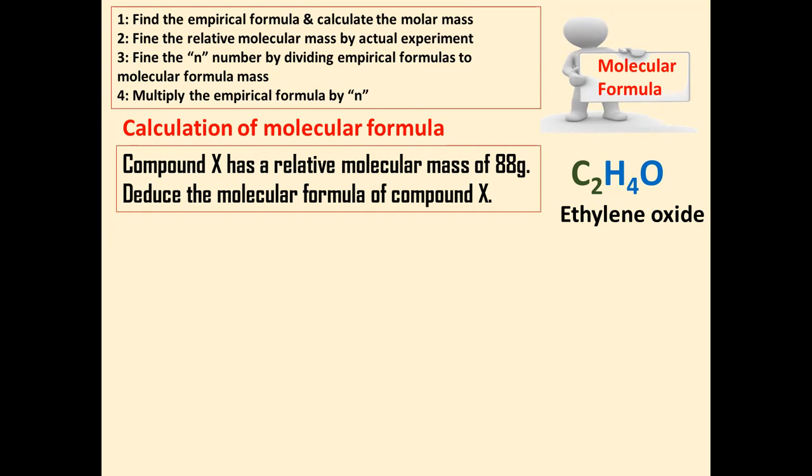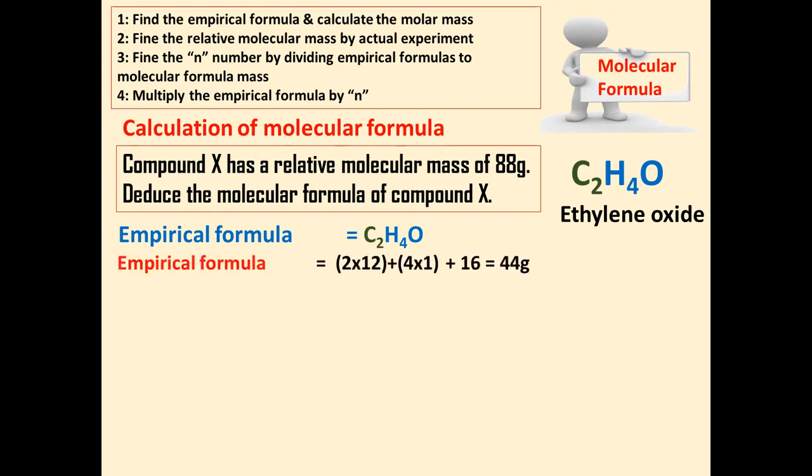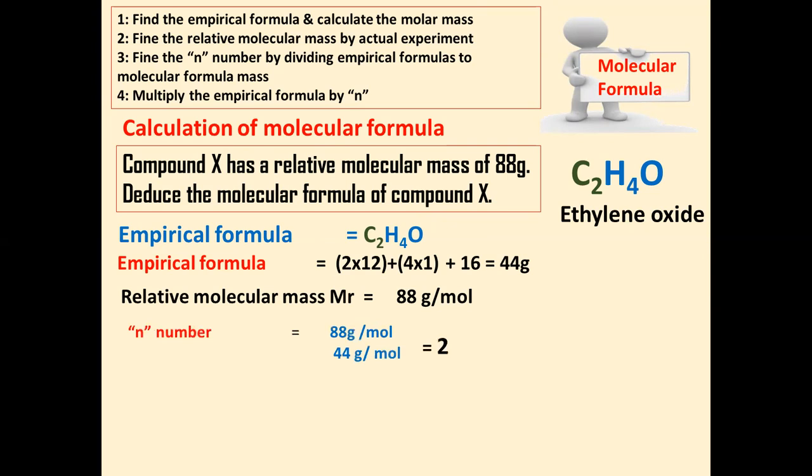So we are going to find the molecular formula of this molecule. The empirical formula of ethylene oxide is C2H4O, while the empirical formula mass is 44 gram. The molecular formula mass is given in the question, that is 88 gram per mole. We divide the relative molecular mass by the empirical formula mass, and this gives us 2.